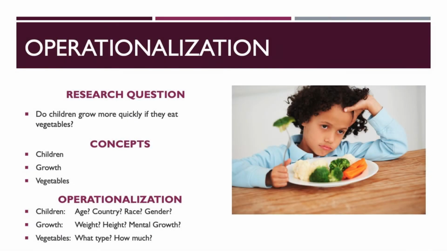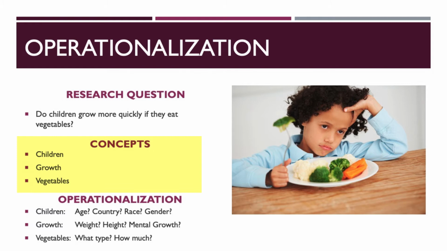So say we wanted to analyze whether children grow faster if they eat more vegetables. Just like we did in class last week with the homework journal, we first begin by asking ourselves, what are the concepts? So we see children, we see growth, and we see eating vegetables. So children, that's our unit of analysis. Do they grow more quickly if?